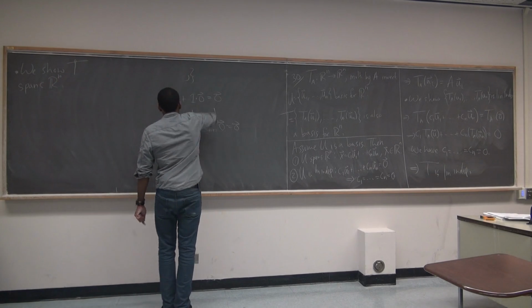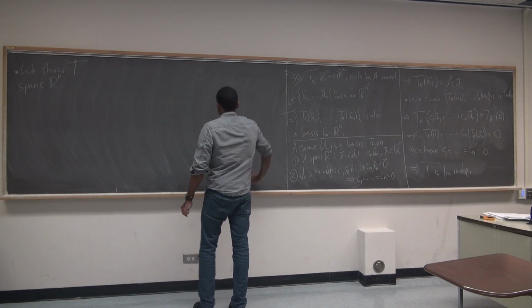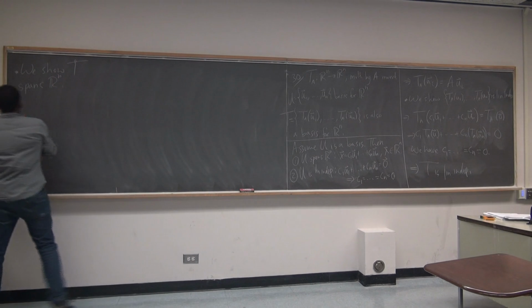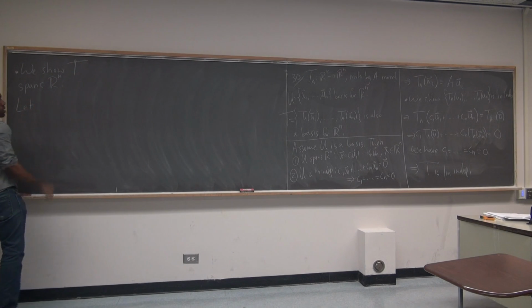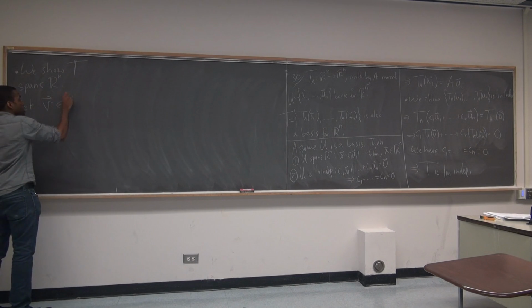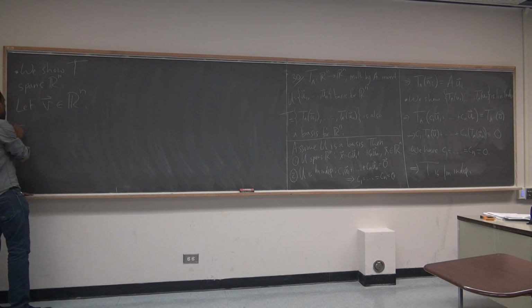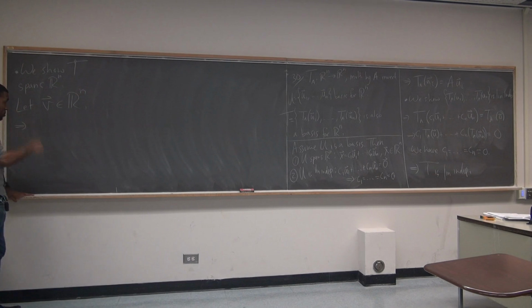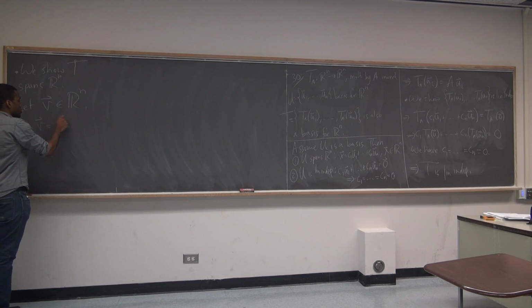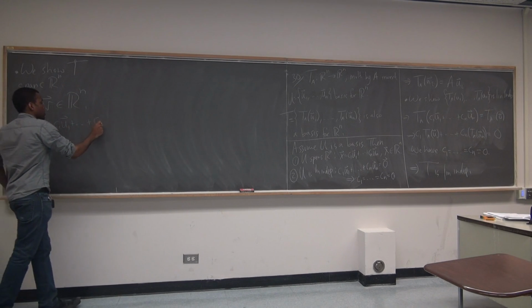Okay, how do we prove that T_A would span? Let's take a vector in Rn. V can be expressed as a linear combination. Let V be in Rn. Then V is c1u1 plus c2u2 plus cnun.